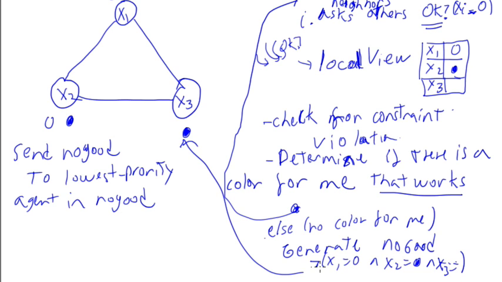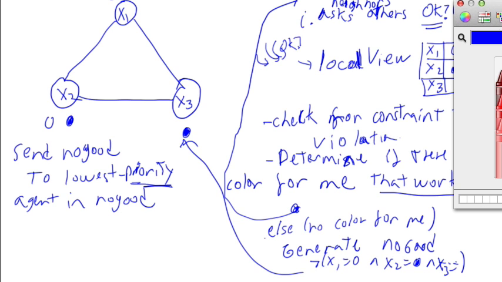We assume there's some priority set. Let's say 1 is the highest priority and 3 is the lowest priority. So there's some priority ordering of the agents, and the one with the lowest priority in that nogood, in this case, is our friend right here, x3.